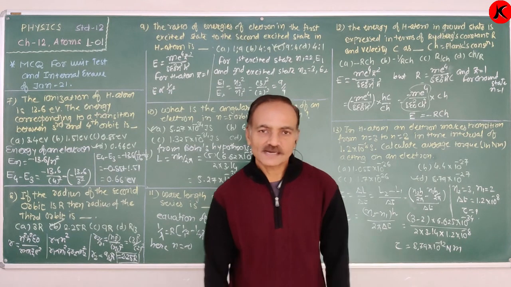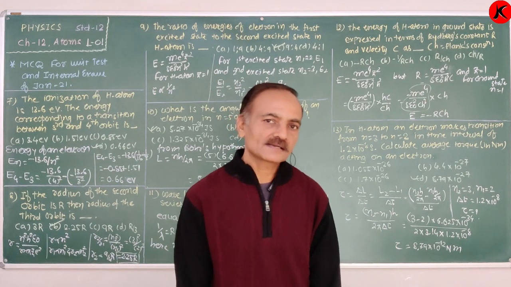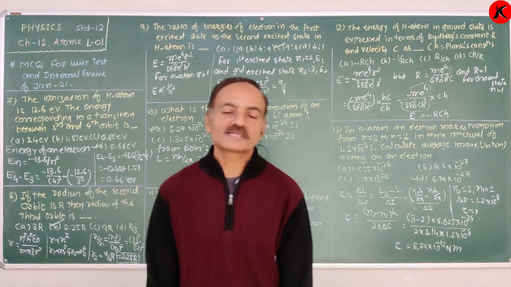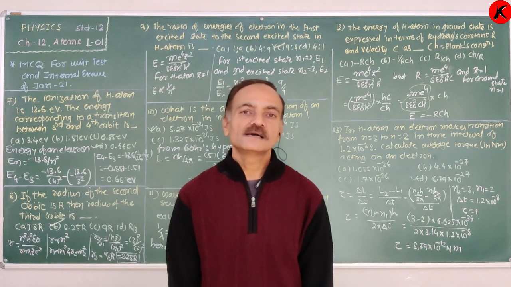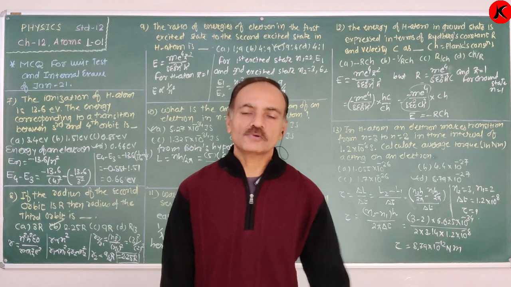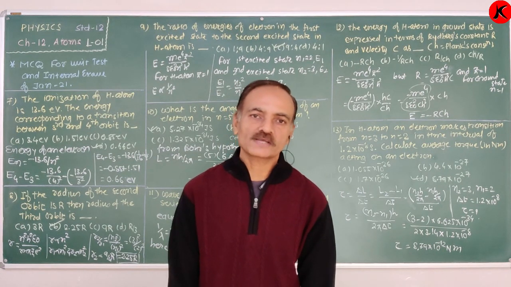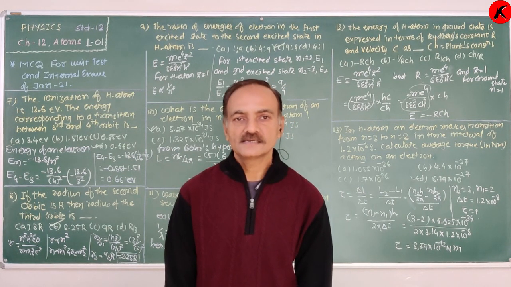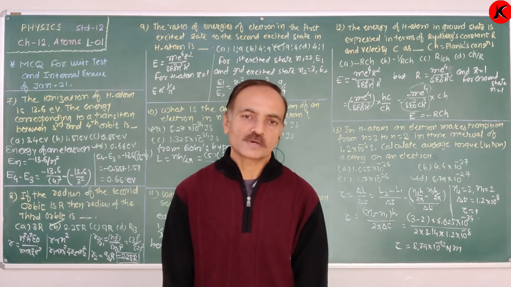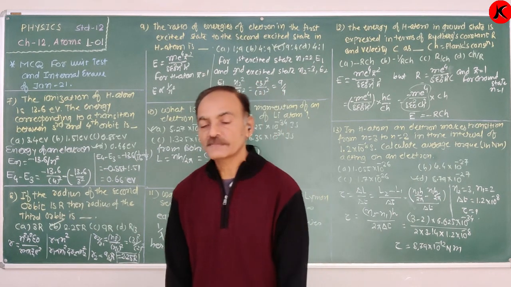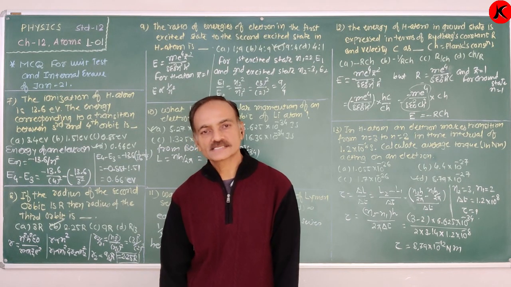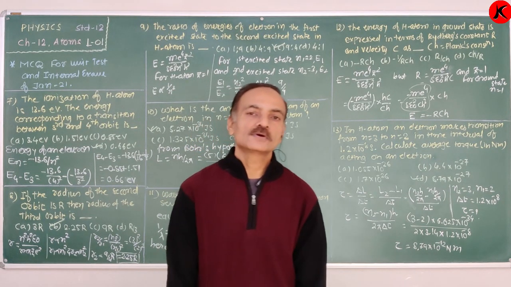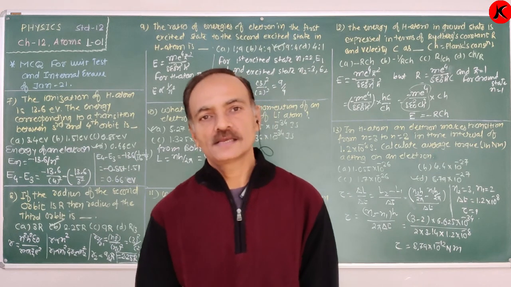So no question is difficult, but it requires some knowledge about the equations and also the relation between the equations, what quantity we have to find out, and whatever data is given in the question. So combine these quantities. Generally, the question depends on the energy, angular momentum, radius, and also the wavelength. Clear?